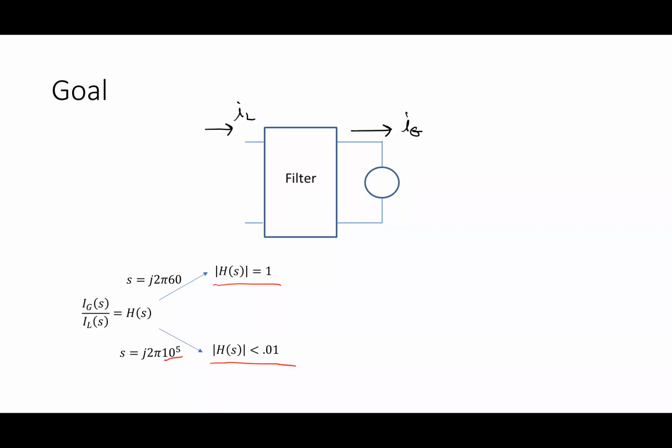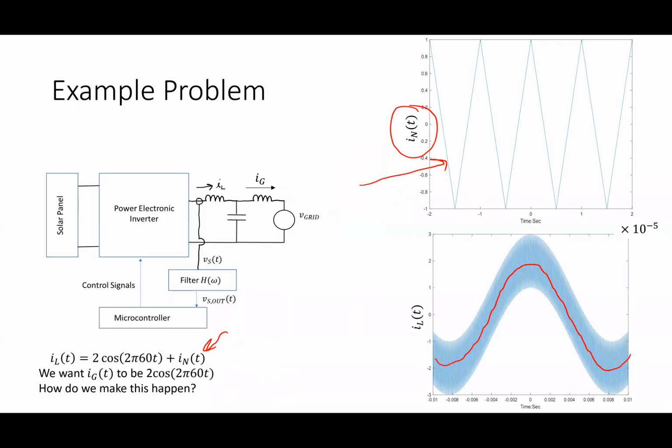At 100 kilohertz, I want the magnitude of the transfer function to be less than 0.01. Ideally it would be 0, so none of the high frequency signal would make it onto the grid, but that's not possible. So we say let's make sure it's less than 1% of what I put in, a factor of 100 smaller than it is right now on the screen.